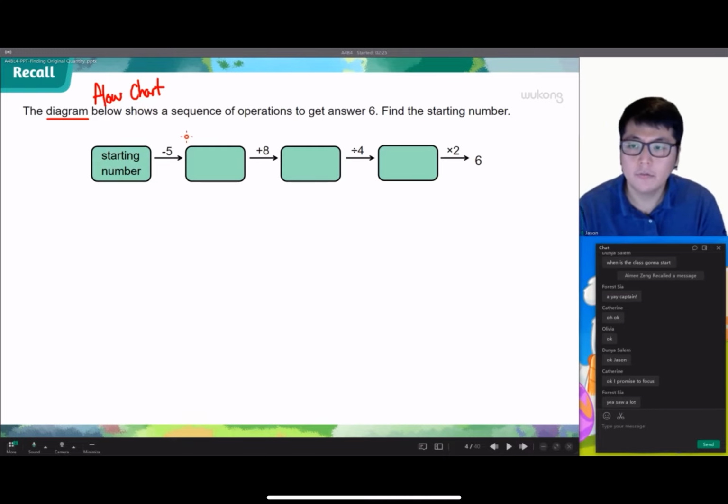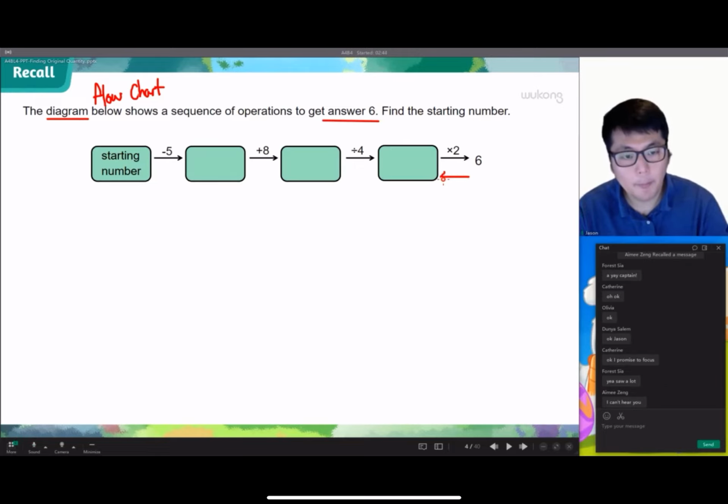Now, in a flow chart, we can see that the starting number that we don't know, minus 5, add 8, divided by 4, and times by 2, you will get the answer 6. So how do we find the starting number? Well, you can find the starting number by going backwards, by dividing by 2 and doing the opposite. So 6 divided by 2 is 3.